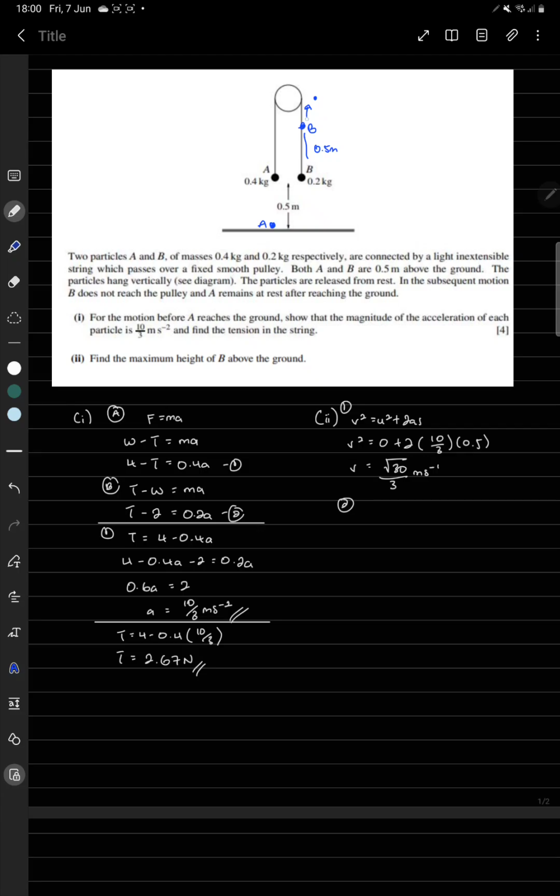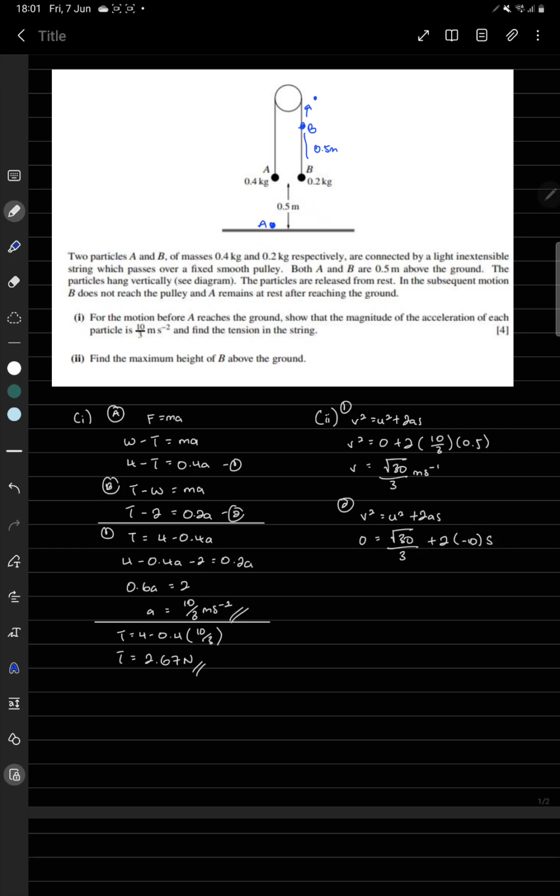What we need to do is find the distance of this motion. We use the same formula, v squared equals u squared plus 2as. Now v is going to be 0 because it's at the maximum point. Initial velocity is root of 30 over 3, and acceleration is going to be negative 10 because gravity is pulling it down.